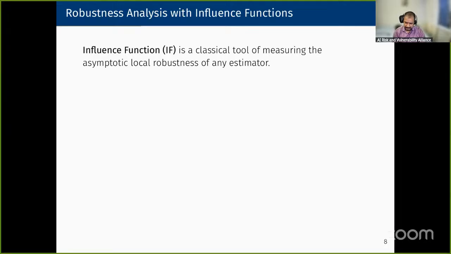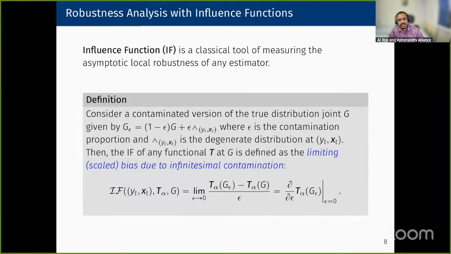So how do we know that the resulting estimates are actually robust? We know that through something called influence functions, a classical tool from robust statistics from the 80s that measures the amount of limiting bias due to contamination that can exist in the data. The idea is to consider a true data distribution and then a mixture of that true data distribution and a Dirac delta distribution that places a very small amount of mass far, far away from the actual data distribution.